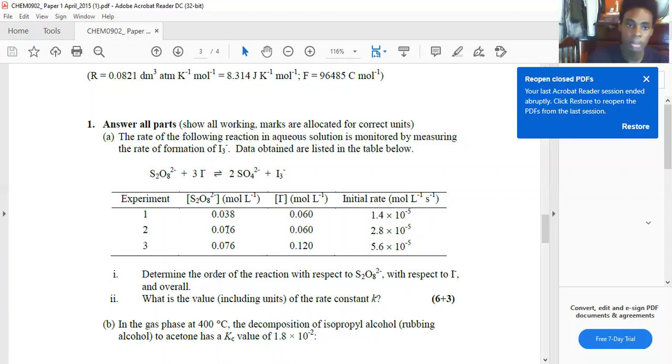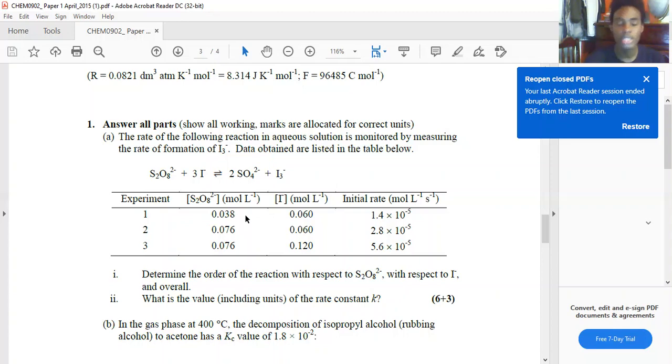For example, with sulfur, multiply 0.038 by 2, you will get that. And if it was a second order reaction, you multiply 1.4 exponential to the power of -5 by 2 to the power of 2, and the answer that you would get would be the initial rate for the second experiment, then that means it's a second order reaction, right?